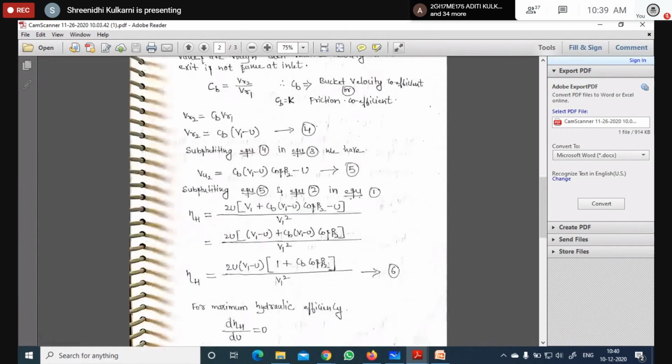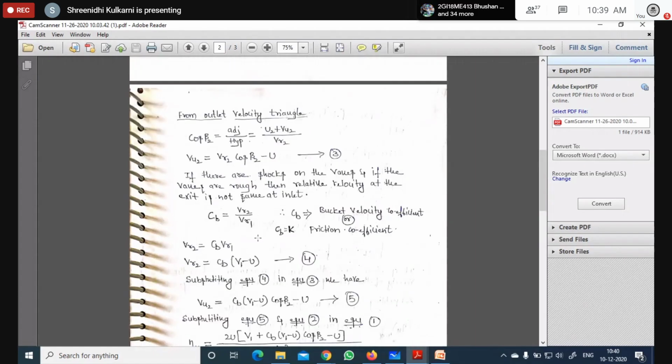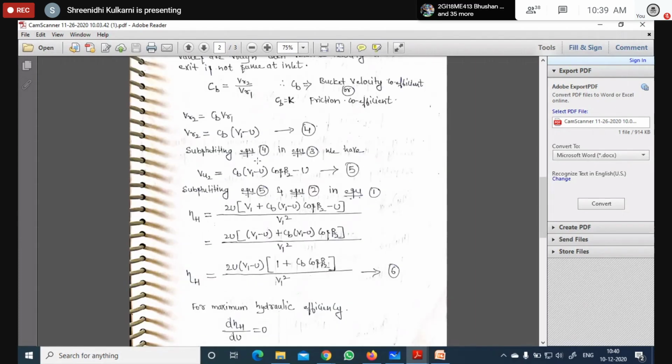So we substitute equation 5 and equation 2 in equation 1, where VU1 equals V1, and VU1 and VU2 go into the hydraulic efficiency.